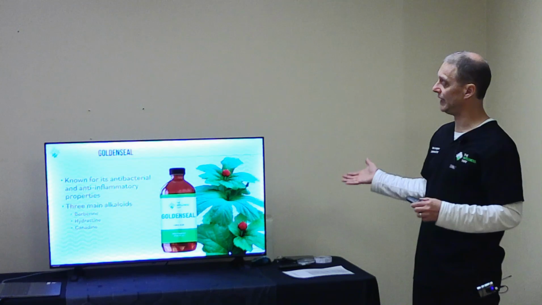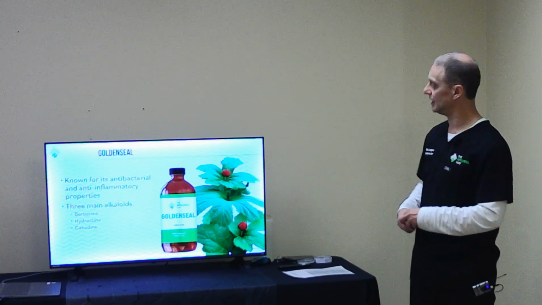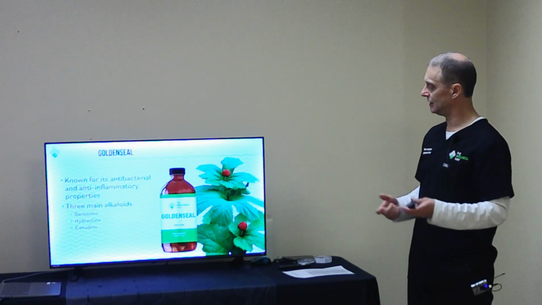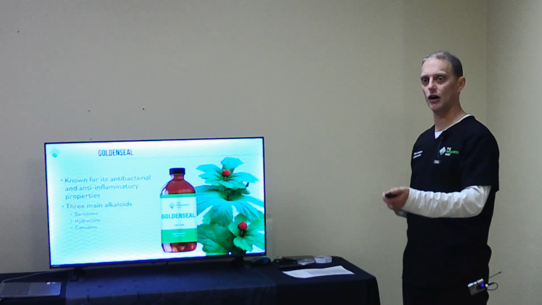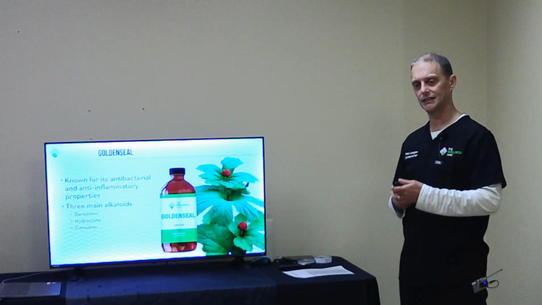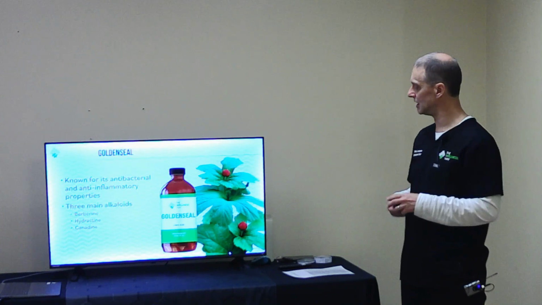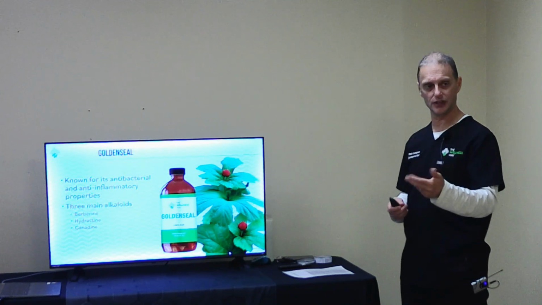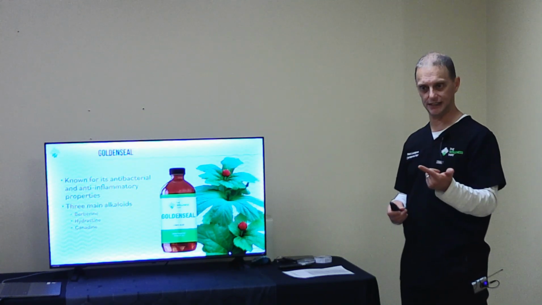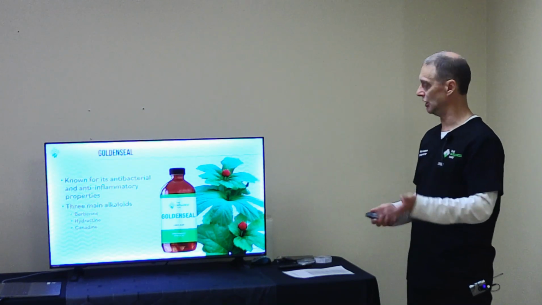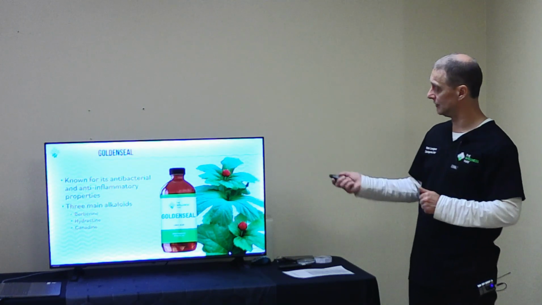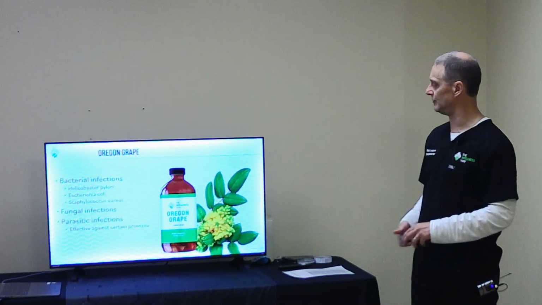So when we have those infections, there are things that can be tested on your GI function test to see what herbs will inhibit the growth of the bacteria or the yeast or the parasites. Maybe it's goldenseal that has the antibacterial, anti-inflammatory piece.